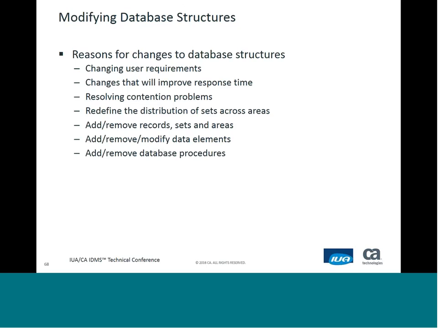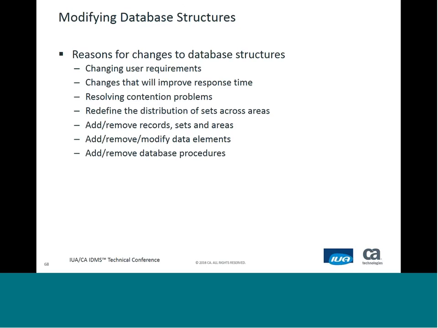At points in time, you may have to remove records, sets, and areas, again because the changes to the application have occurred, and those records may not be necessary anymore, or you may have to add new records based on those requirements. That can also go down to the individual data element levels within the structure.